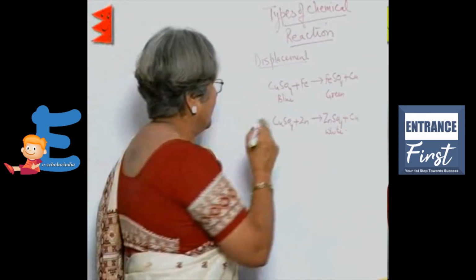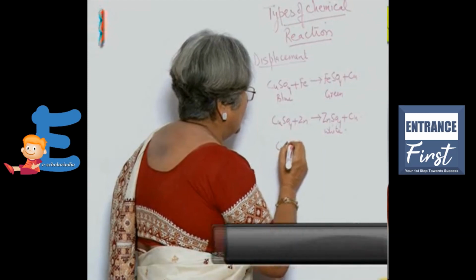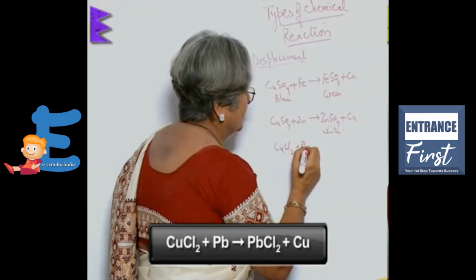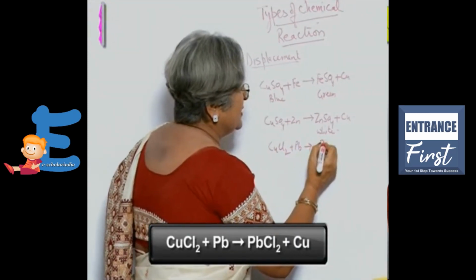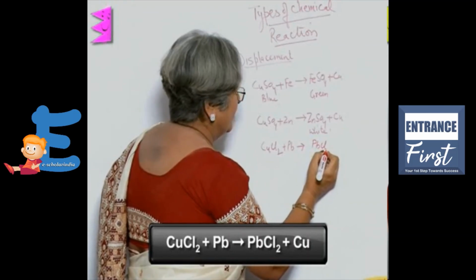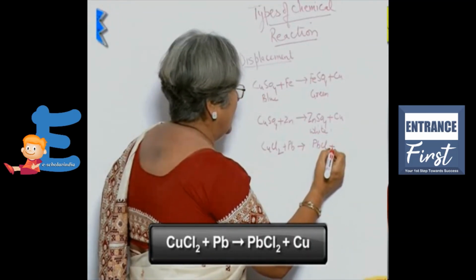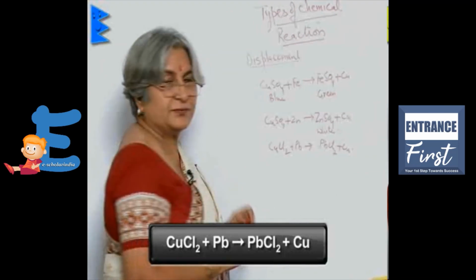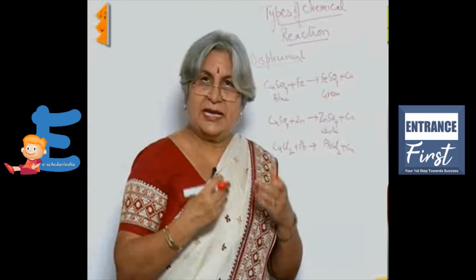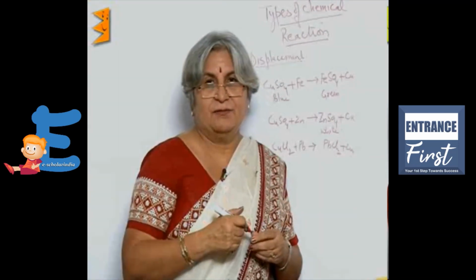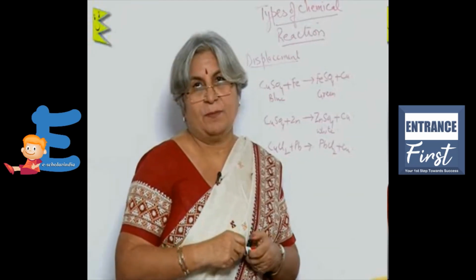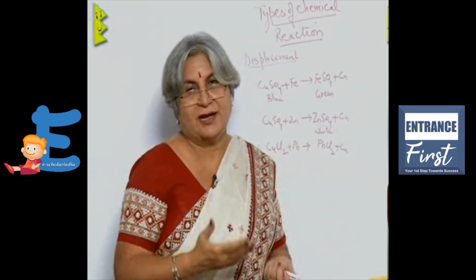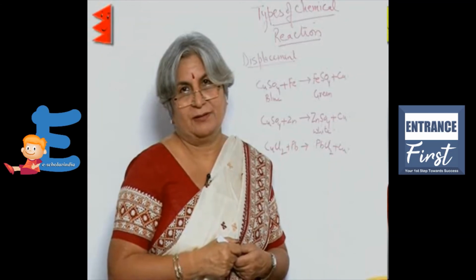So in these cases what we have seen is that the more reactive metal has been able to displace. Then if you take copper chloride and lead, what you will get is again lead chloride and copper. So all these, lead, zinc and iron, were able to replace copper. Why? Because they are more reactive than copper.